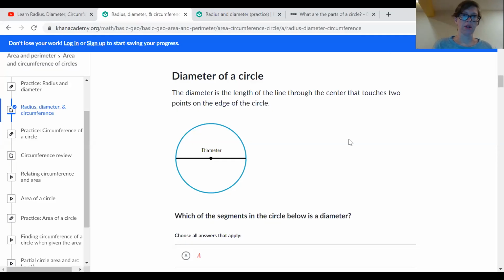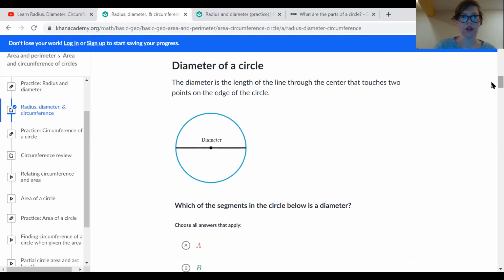All right, now we are going to practice some more with identifying diameter and radius and circumference. So just as a reminder, the diameter is the length of the line through the center that touches 2 points on the edges of the circle.